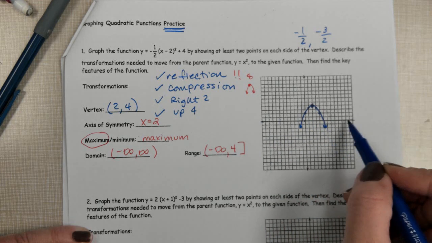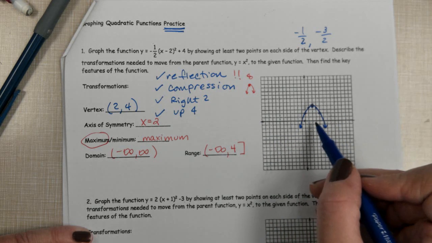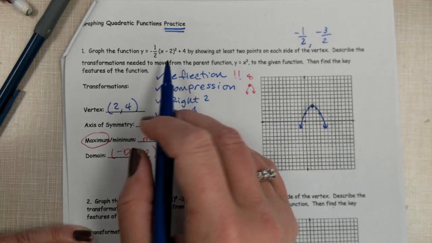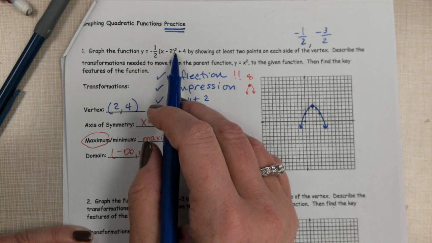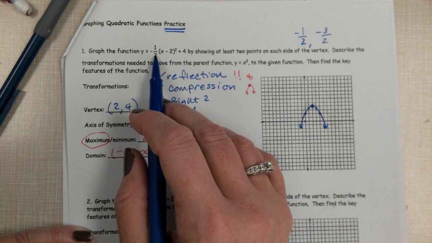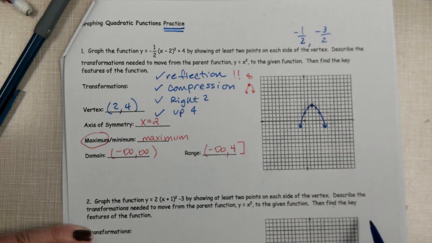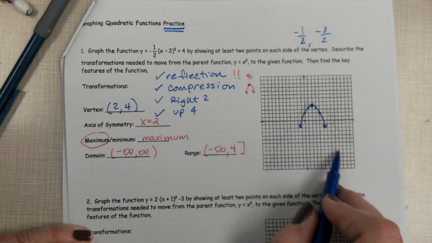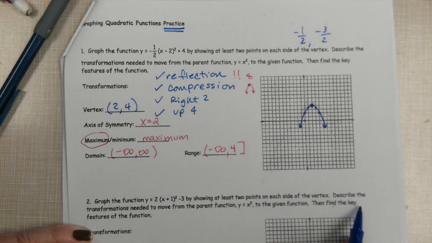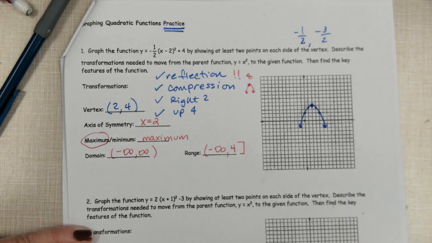Don't pick anything too crazy. Like if I pick 10, 10 minus 2 is 8, squared is 64. Negative half of that is negative 32, plus 4 is negative 28. I'm going to be way off the grid. But it'll tell you how slow that's growing. Okay? So, there you have it.